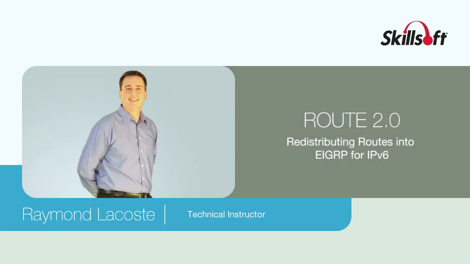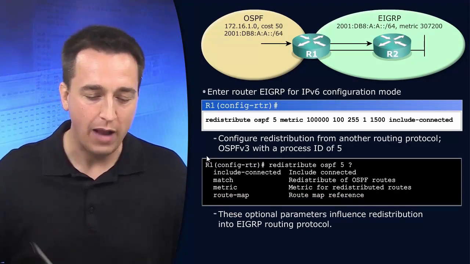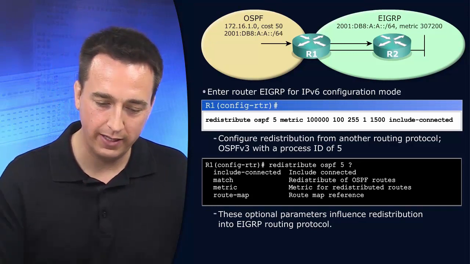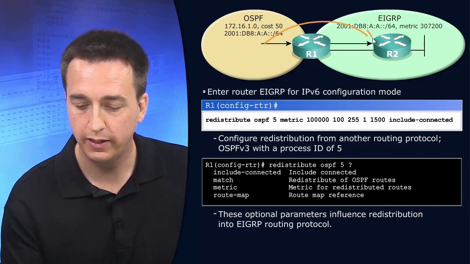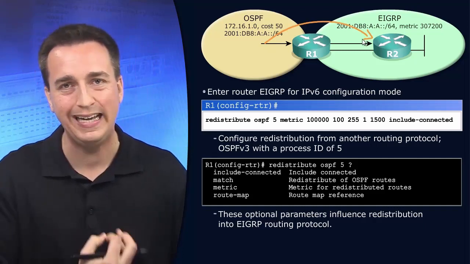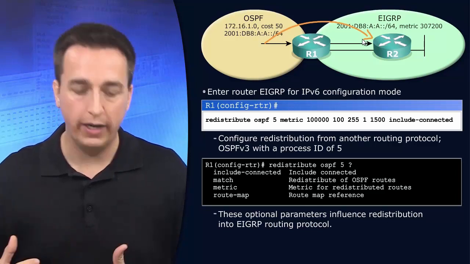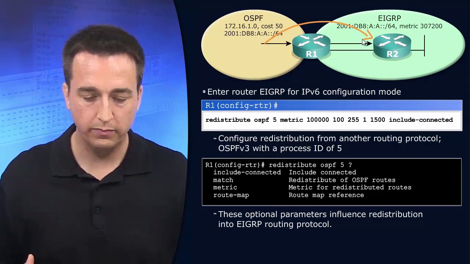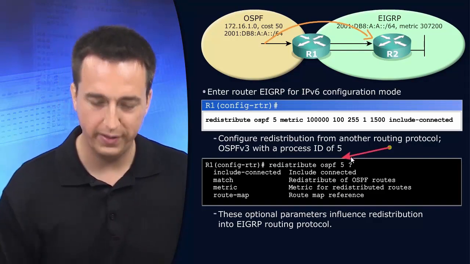This example focuses on redistributing OSPF v3 into EIGRP for IPv6. So our overall goal here is to take those OSPF v3 routes and import them into the EIGRP for IPv6 process. So we are entering EIGRP for IPv6 configuration mode, and we are specifying the redistribute command.